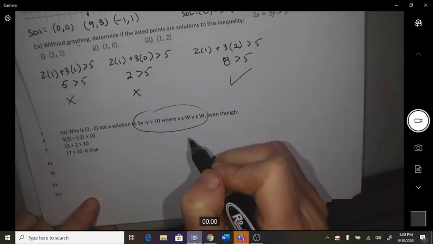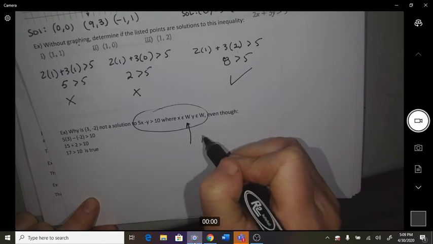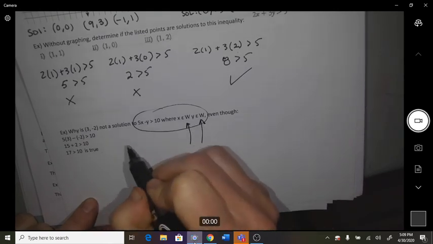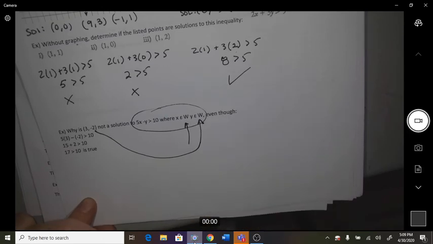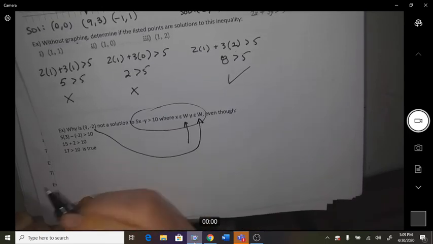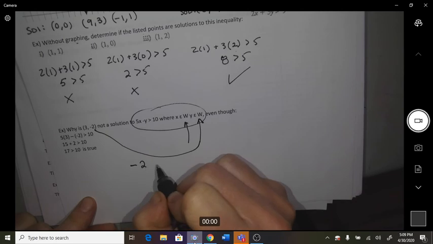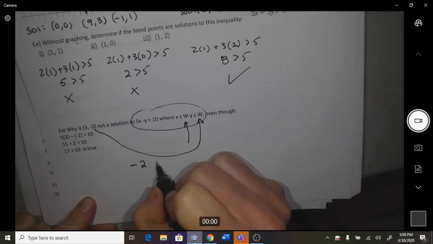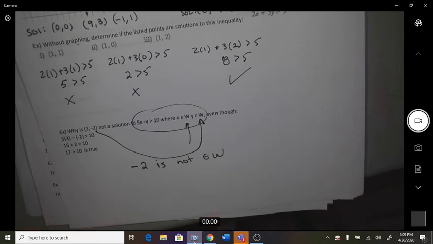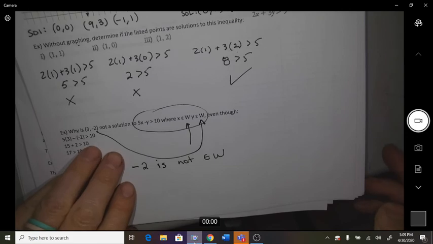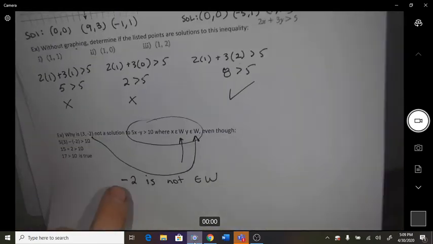And the reason is that you have to consider this, and y does not fit that. Y is not an element of the whole numbers, so we have to exclude it. Okay, that's it.